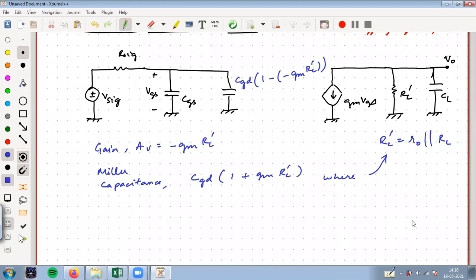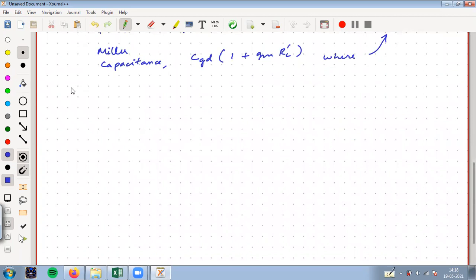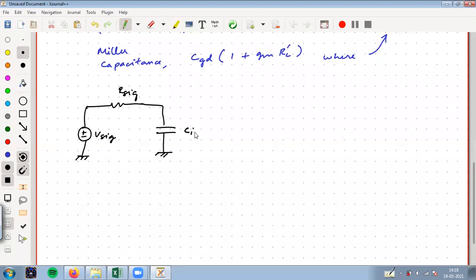For two capacitors in parallel, the equivalent capacitance is the summation of both capacitances. So if I draw the same circuit diagram here, plus minus V signal, then you have R signal, and here you have Cin, where Cin is CGS plus CGD into (1 plus gm RL prime).